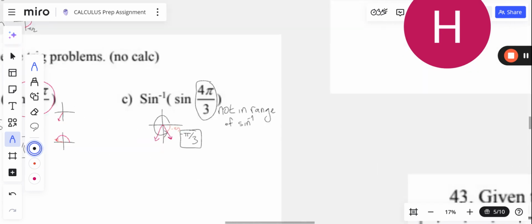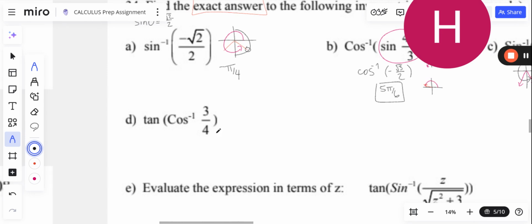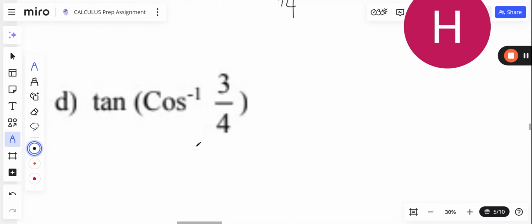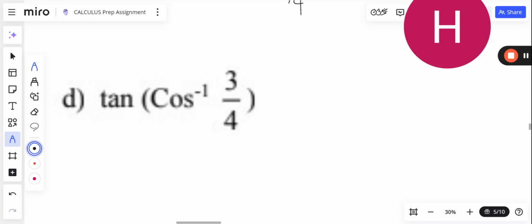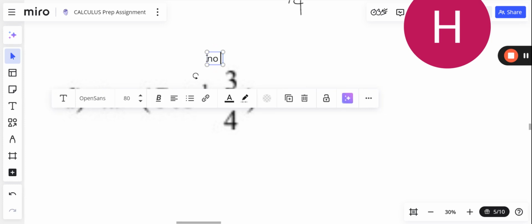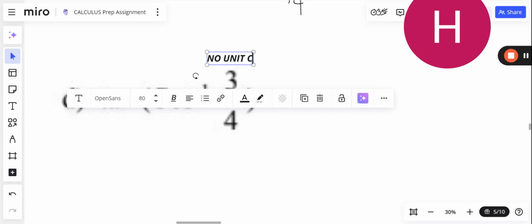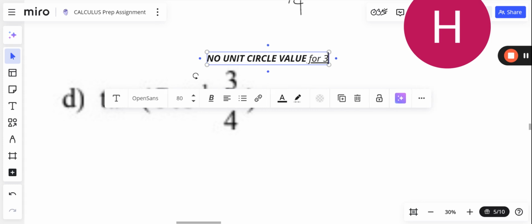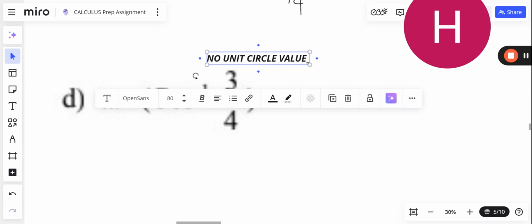Okay, easy enough. Let's keep it moving. The tangent of the cosine inverse of 3 over 4. Now, here's something where we do not have a unit circle value. No nice one, anyways. Oops, now I made it italicized and underlined for some reason.